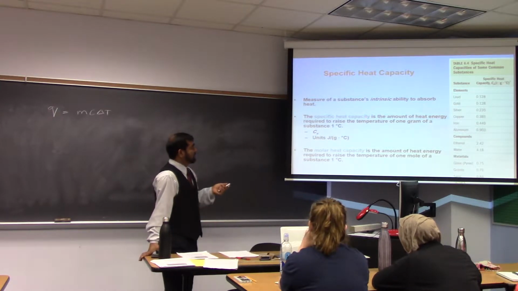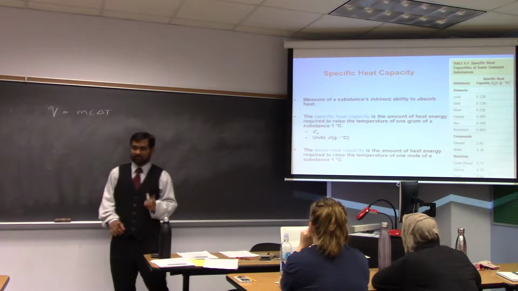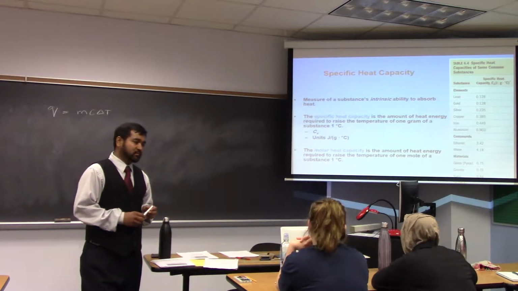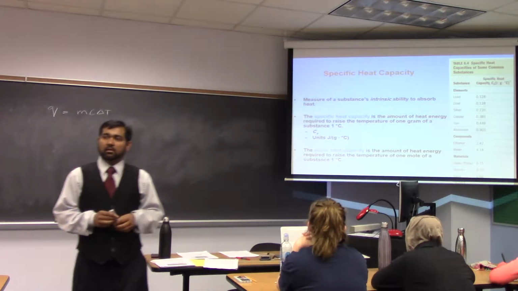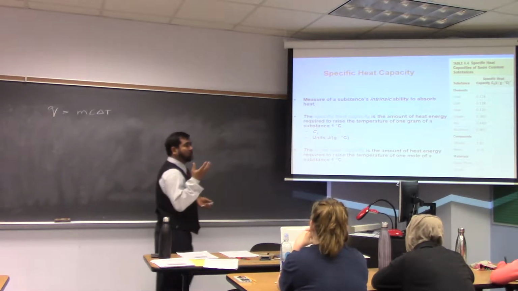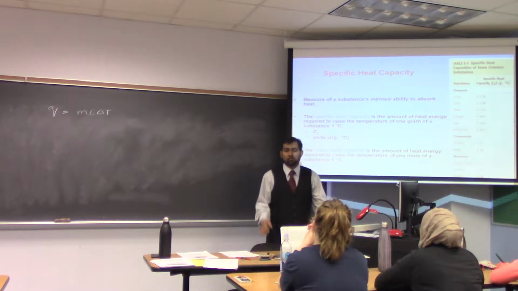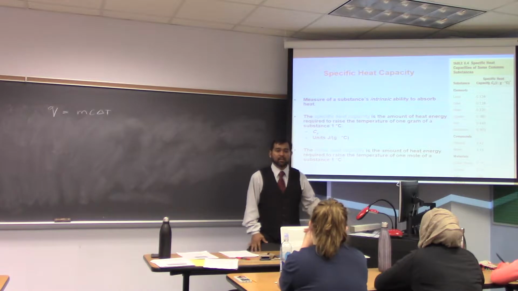So specific heat capacity, what is it? 1 gram, yes. One thing good, 1 gram of substance. Tell me the complete definition. Heat capacity, right? The amount of heat you need to raise the temperature 1 degree for 1 gram of a substance. That's called specific heat capacity.